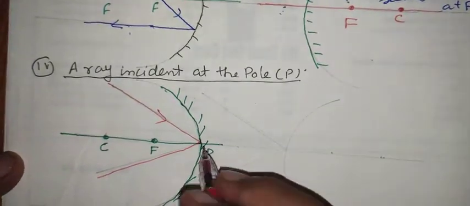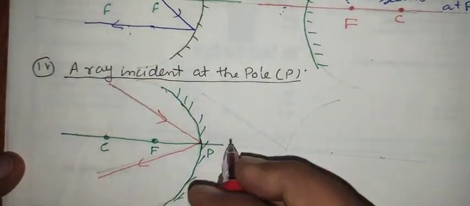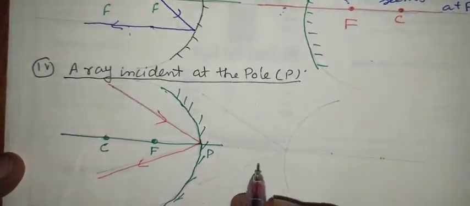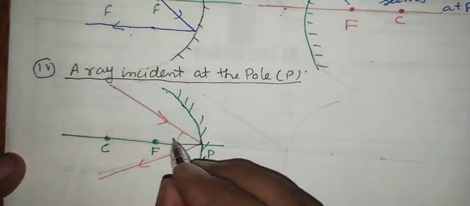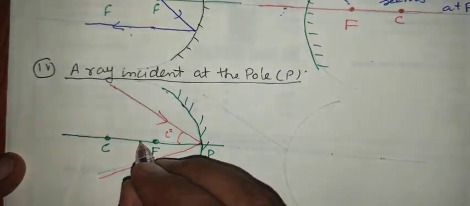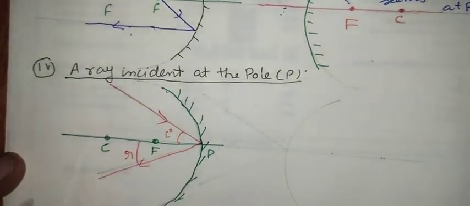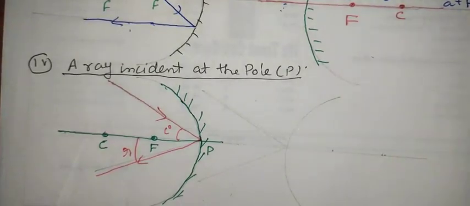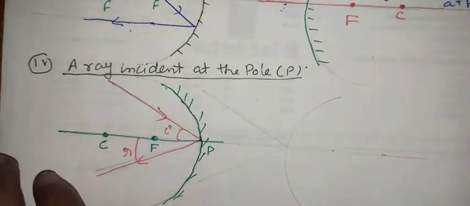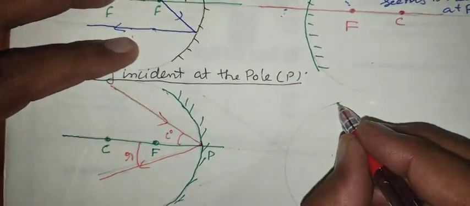See carefully. Same as in the plane mirror, the principal axis becomes the normal. This is the angle of incidence I and this is the angle of reflection R. The same thing happens with the convex mirror.